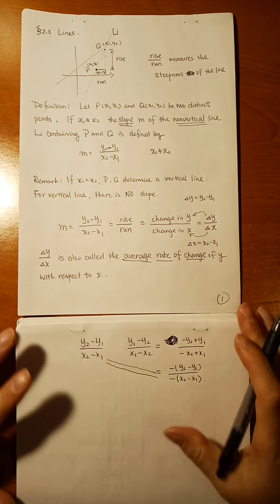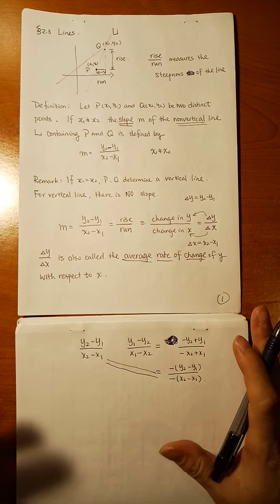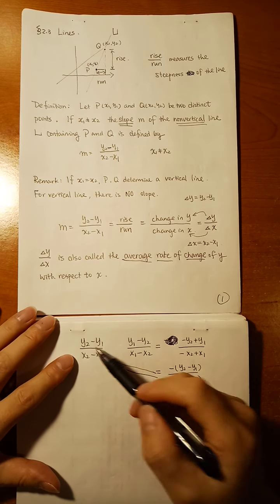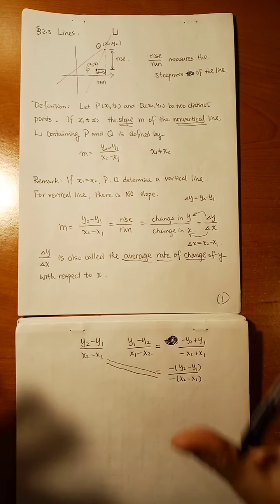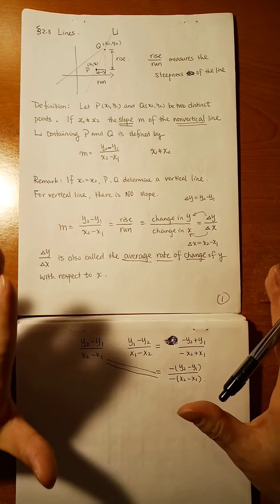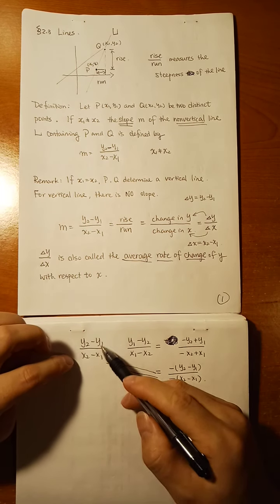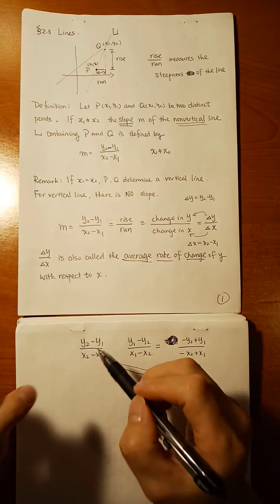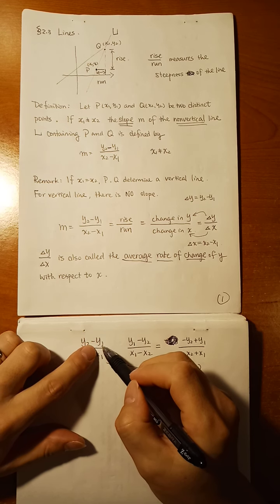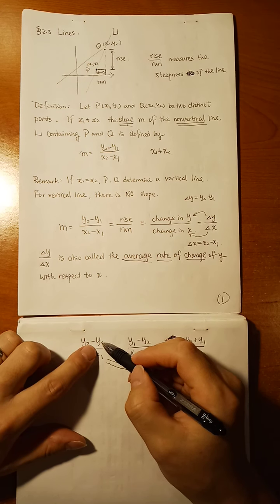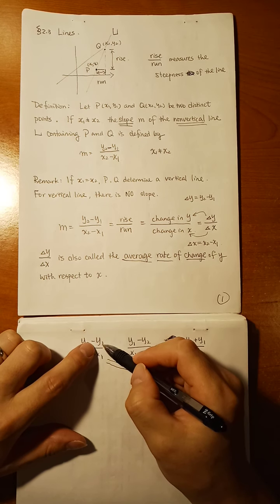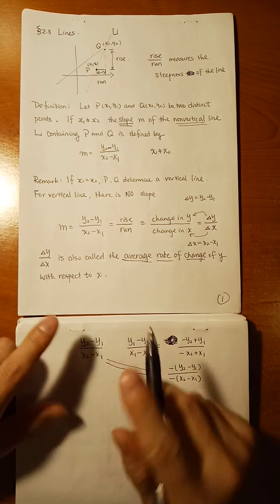So when you compute the slope, it really doesn't matter which point has coordinate x1, y1 and which point has coordinate x2, y2. Either point can be the first one, and the other is the second one. But the important thing is that if you use a pair, you have to put them in the same position. If x is in the second position, y should also be in the second position. You cannot mix them.